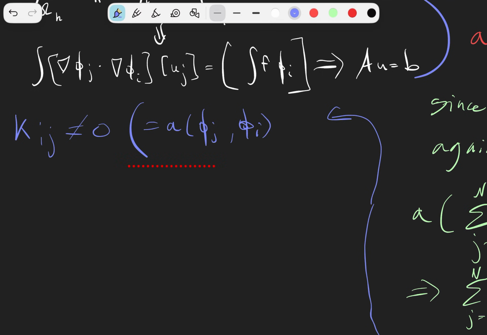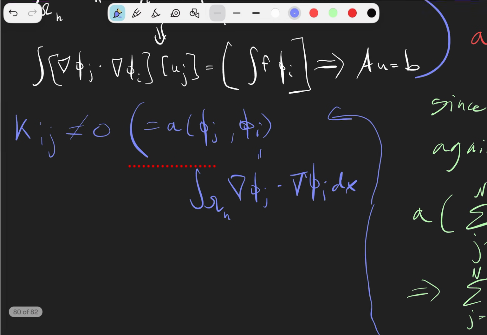That is equal to the integral over the whole volume, I guess it would be finite element volume, dx. Okay, that's what K is here.